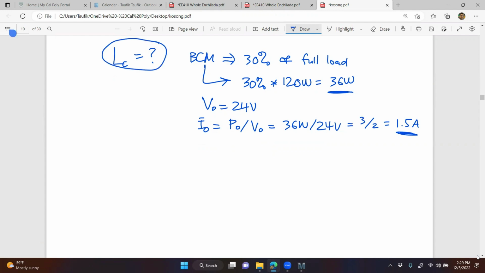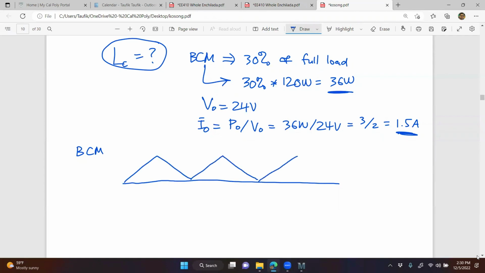Right now we know that at boundary conduction mode, the inductor current looks like this. It's touching 0 amps. The peak value and the average value we should know. We know the average value is 1.5 amps.